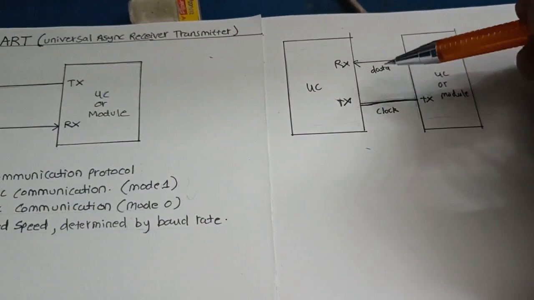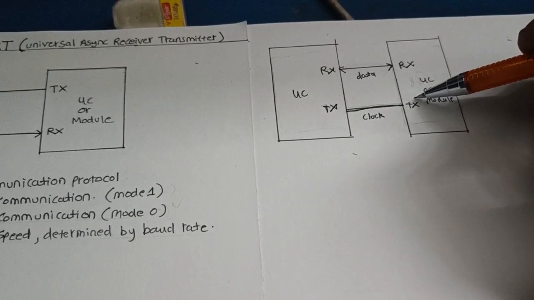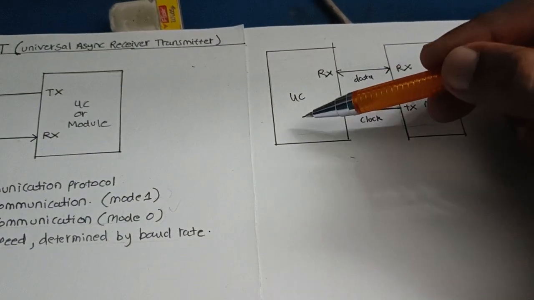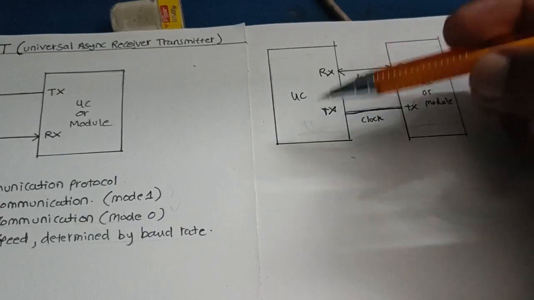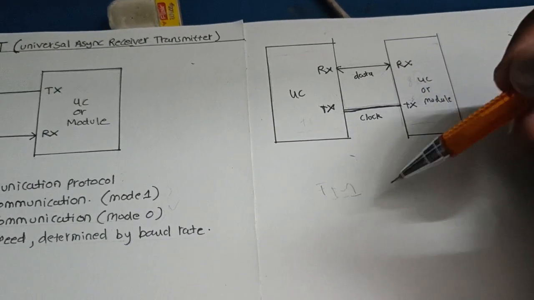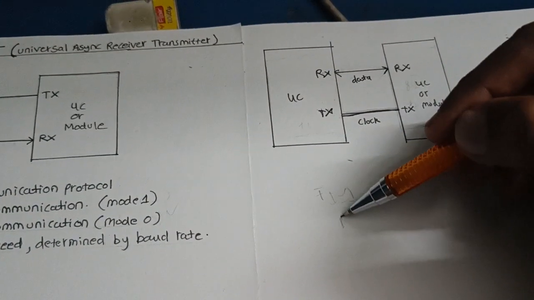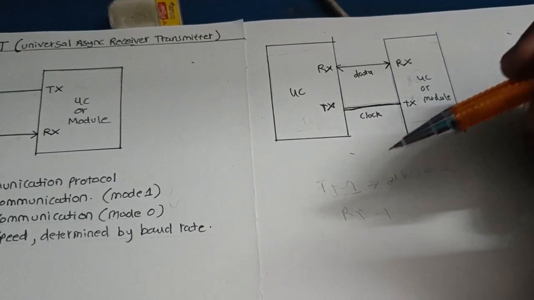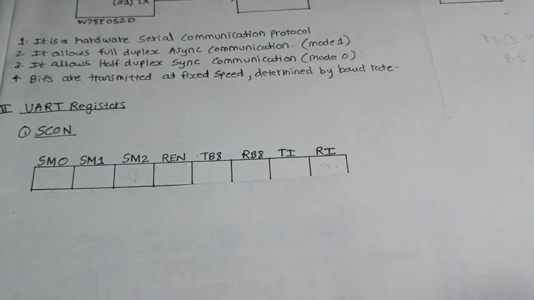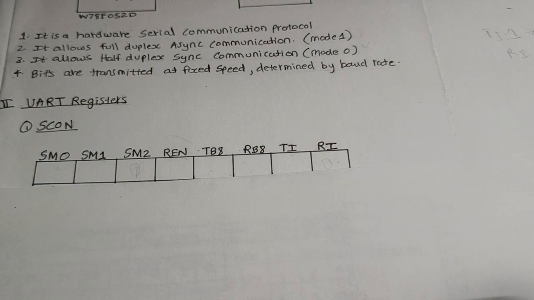If you are transmitting the data and all 8 bits are transmitted, it will set the TI flag. TI becomes 1 only when all bits are transmitted, and the RI flag will be set when all 8 bits are received.